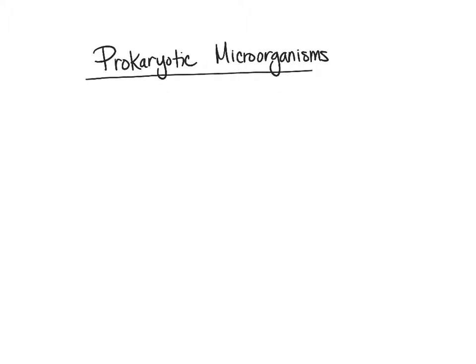So remember we said that they're prokaryotic microorganisms and eukaryotic microorganisms. We're going to use those as our two main categories at the moment. So we'll start with our prokaryotic microorganisms.